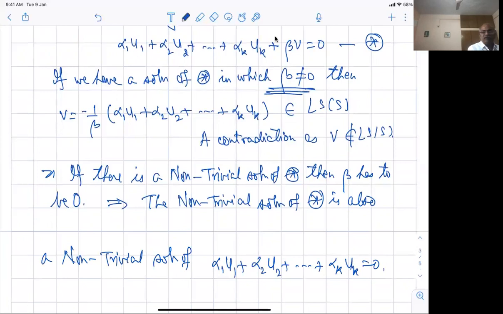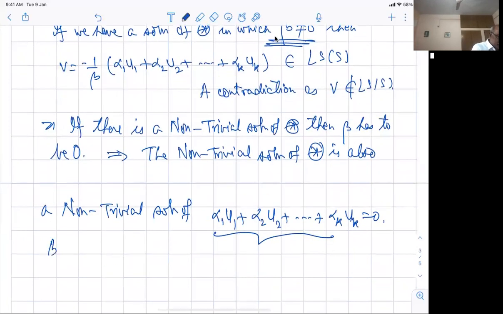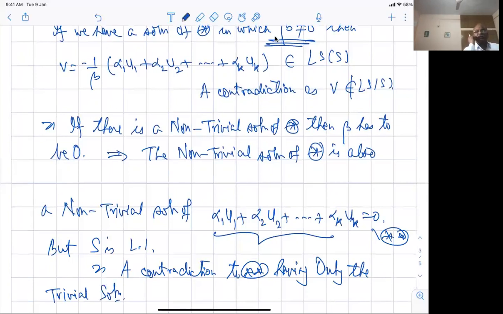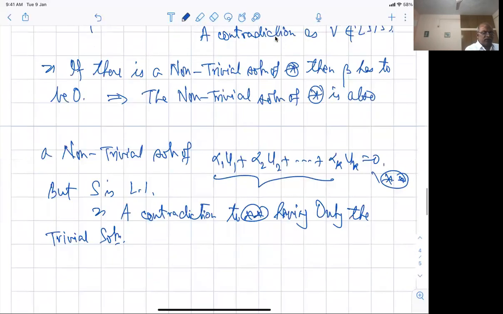If I have a non-trivial solution of star in which beta is 0, then I have a solution of this also. But what we know is that S is linearly independent, which is a contradiction to double star having only the trivial solution. That is important, you have to be careful about it.